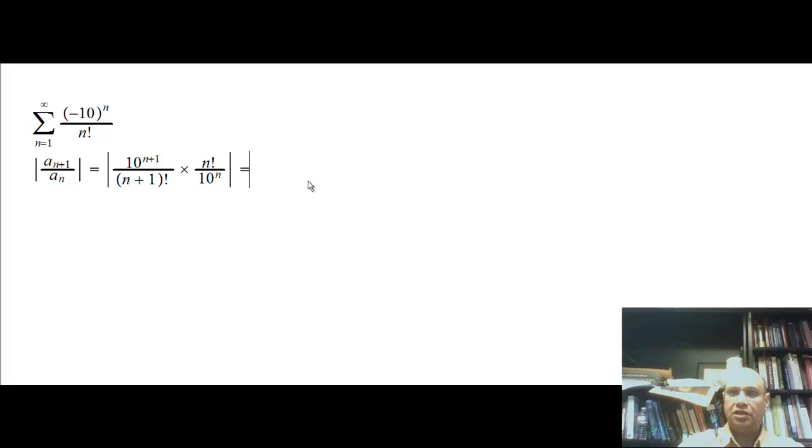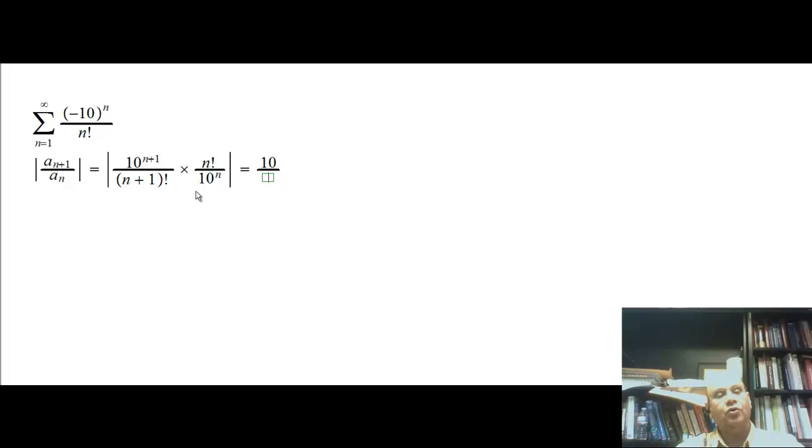So instead of writing all those details, I'm writing it like this. Then you have 10 to the n plus 1, which when cancelled by 10 to the n reduces to just 10. Now, factorial n plus 1 is here and factorial n is there.